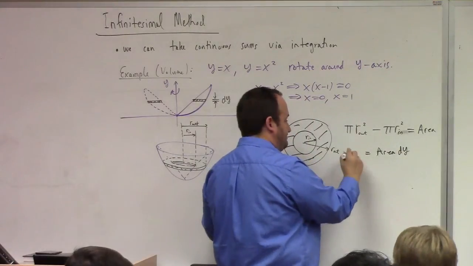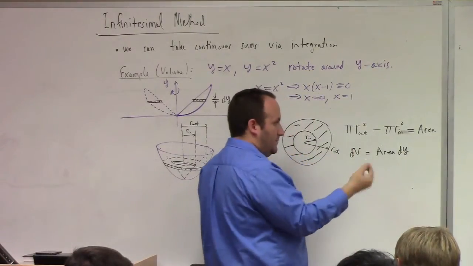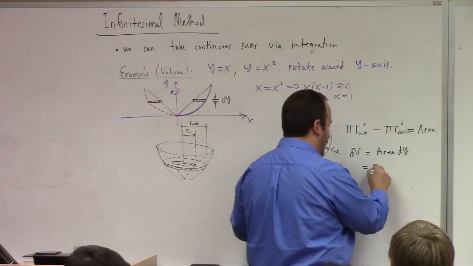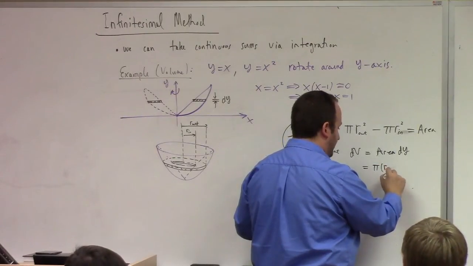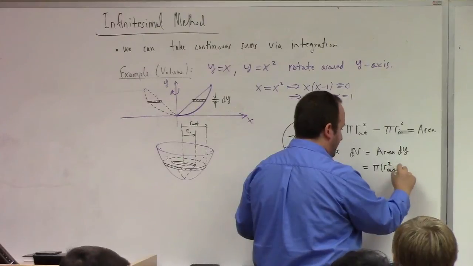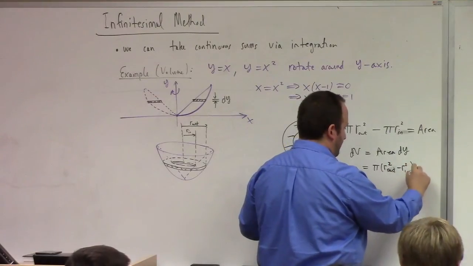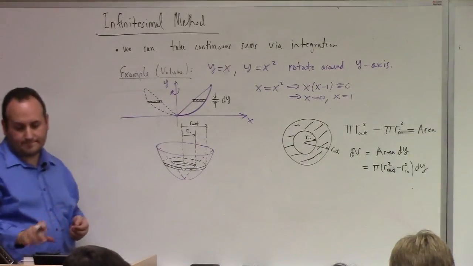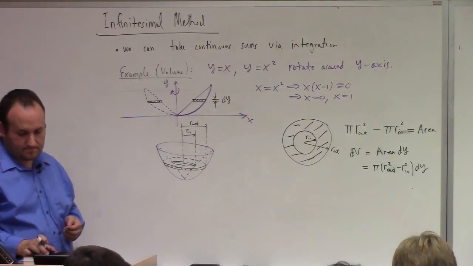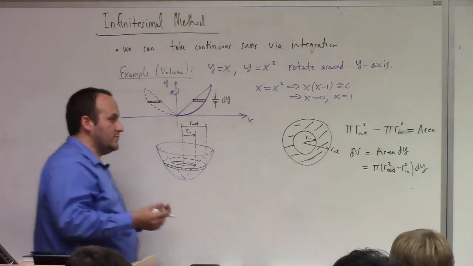But what is the area? It's pi times R out squared minus R in squared. So what is that though?